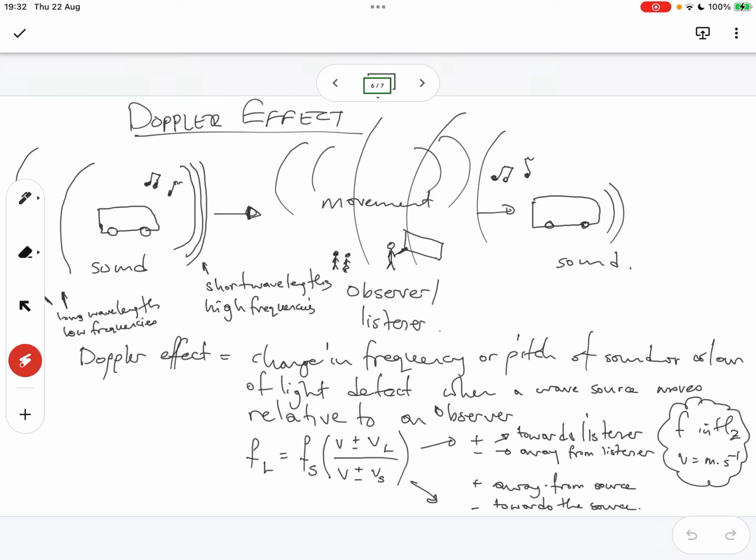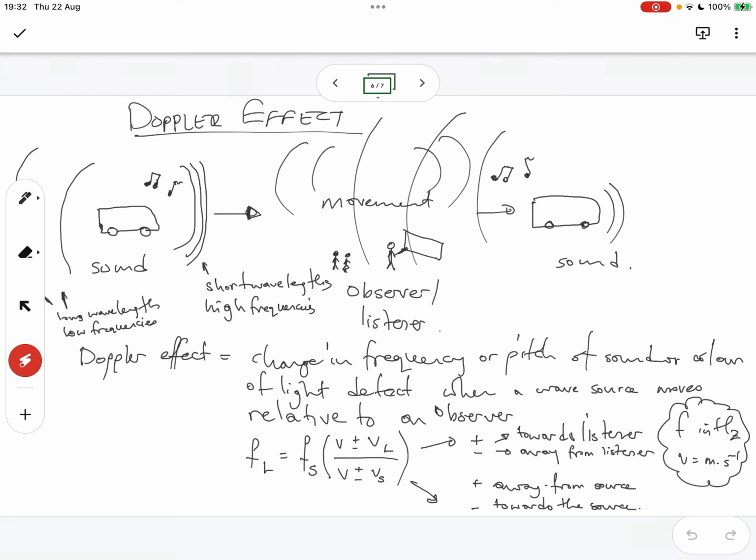We use positive on the listener side, which is above, when the listener is moving towards the source, and negative if it's moving away from the source. On the source side, if the source is moving away from the listener, it's positive, and negative when it's moving towards the listener.